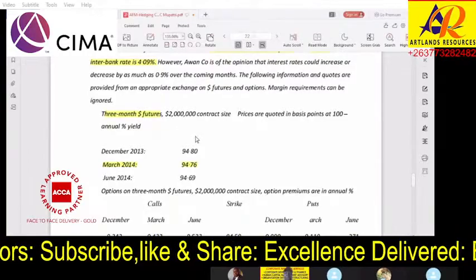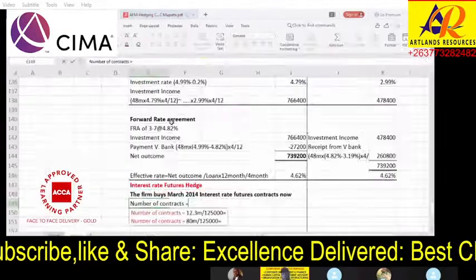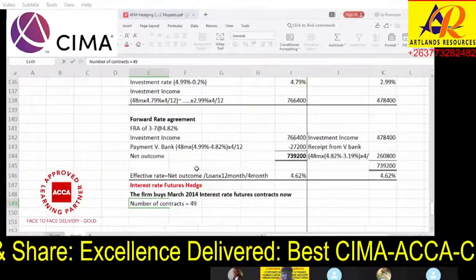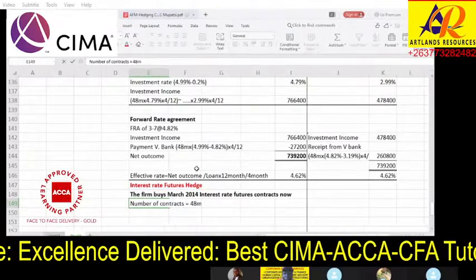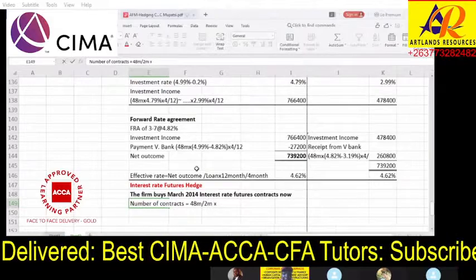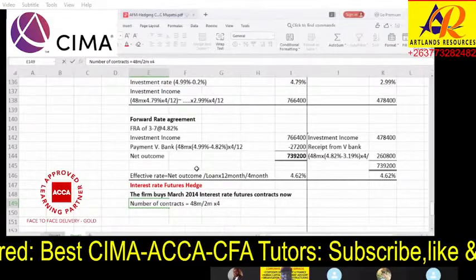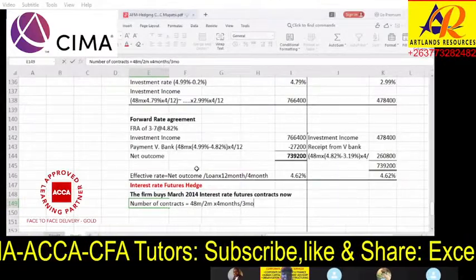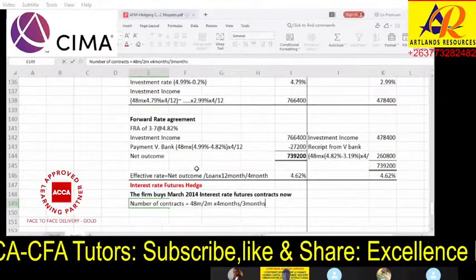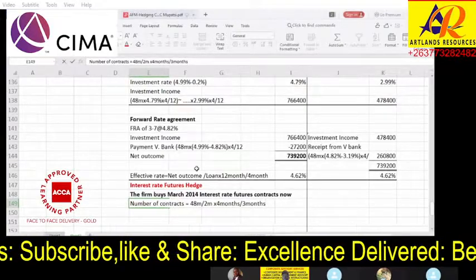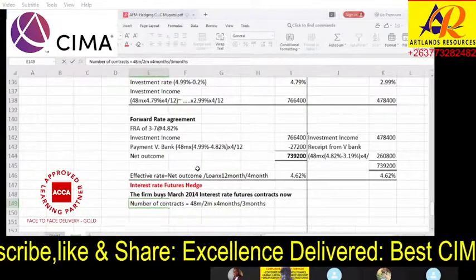So for that, because you roll them over, number of contracts, we then say 48 million, that is the loan, divided by contract size, which is 2 million, times 4 months, which is the loan period, divided by 3 months, which is the futures period. Because futures are for 3 months, loan is for 4 months. So after 3 months expire, we roll them over, so to speak.